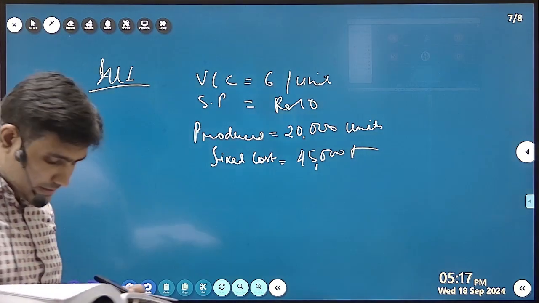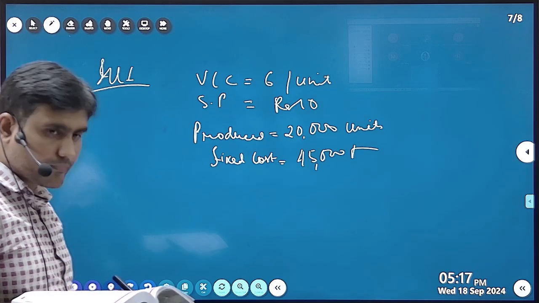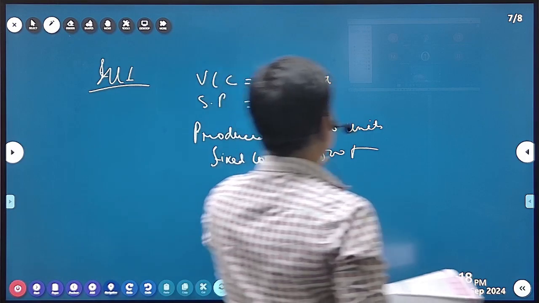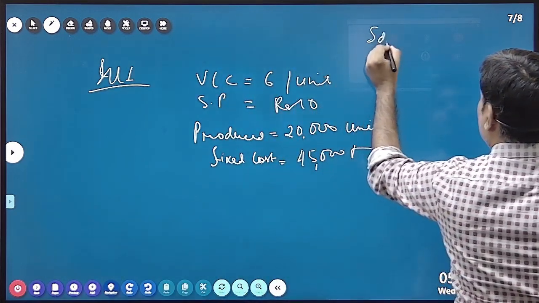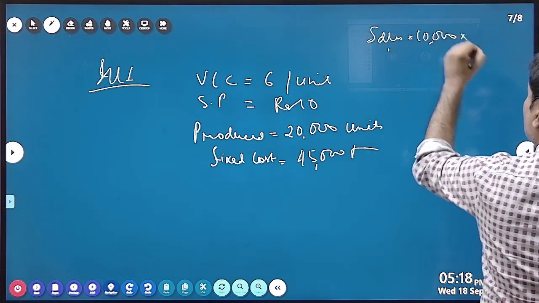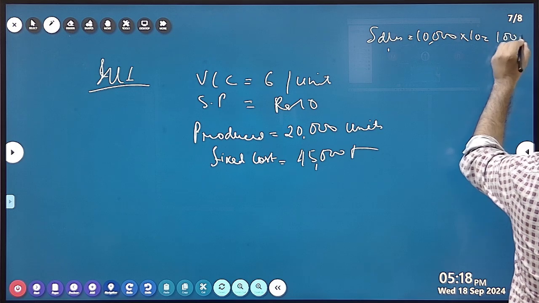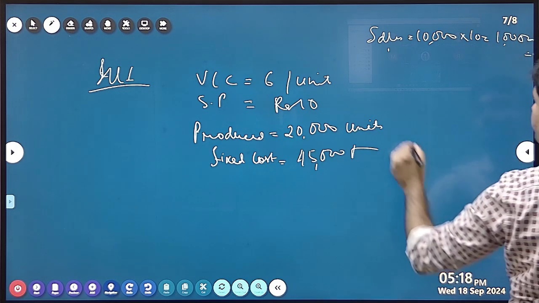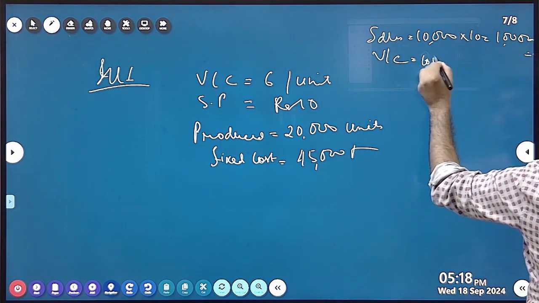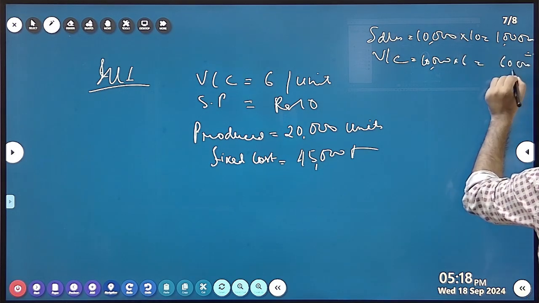If the sales were as follows: 10,000. If the sales was 10,000, here we can write, sales equal to 10,000 into selling price 10 equals 1 lakh. Variable cost equals 10,000 into 6, 60,000.